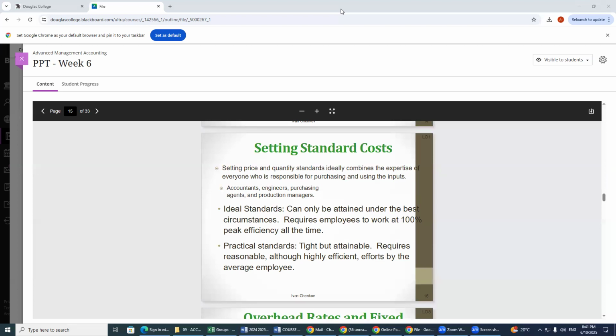So it will be very interesting to see what the practical standards will be and how those practical standards are going to evolve over time and during the generations. But keep in mind that we have two types of standards. One is ideal standards, which we're pretty much never going to use, and we have the practical standard.